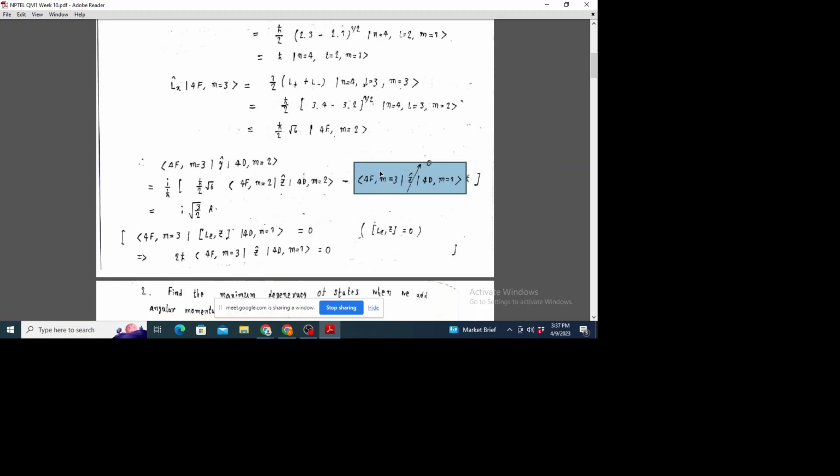right? So m equal to 3 and m equal to 1, they are eigenbasis of LZ, right?